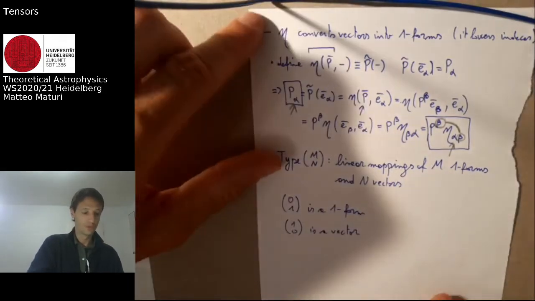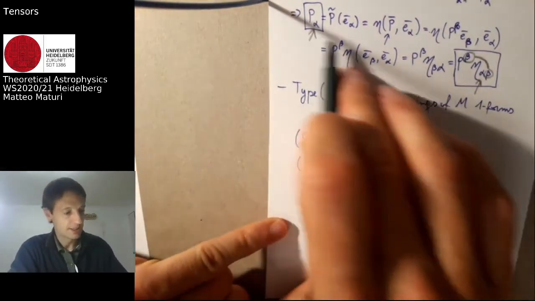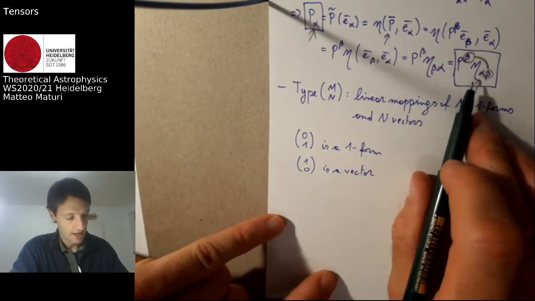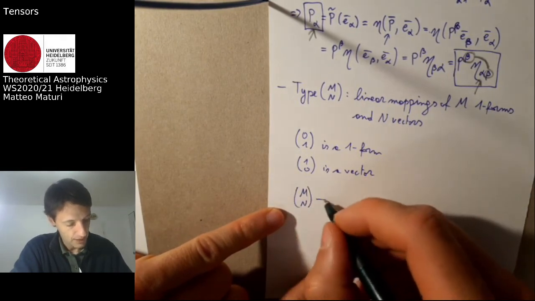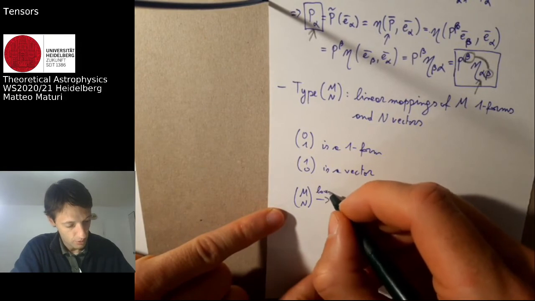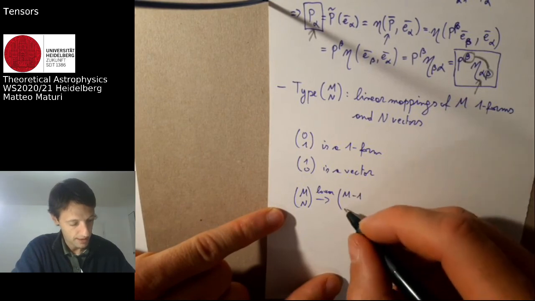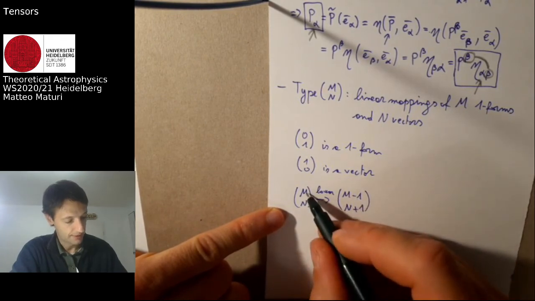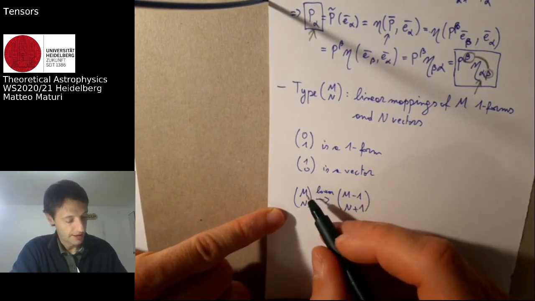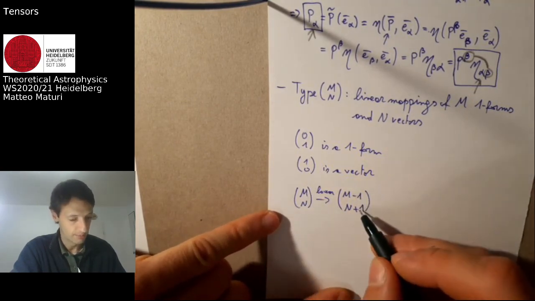So you see in the end they are all the same object, they are just reshuffled a little bit around through the metric, because the metric, as we have seen here, can raise and lower indices. If we take a tensor of type n m and we apply the metric, we can lower indices, and we get a new tensor with m minus 1, and n plus 1, because something that was a contravariant vector or a one form up here, I throw it down, minus 1 plus 1.